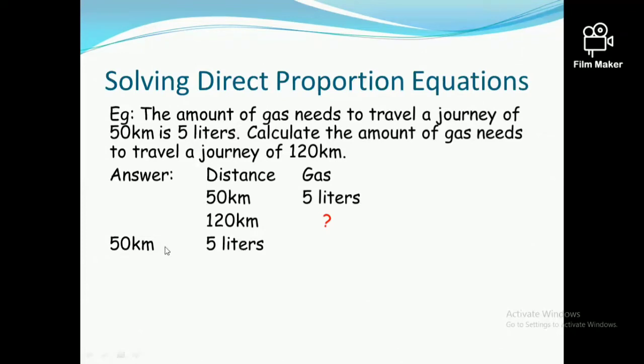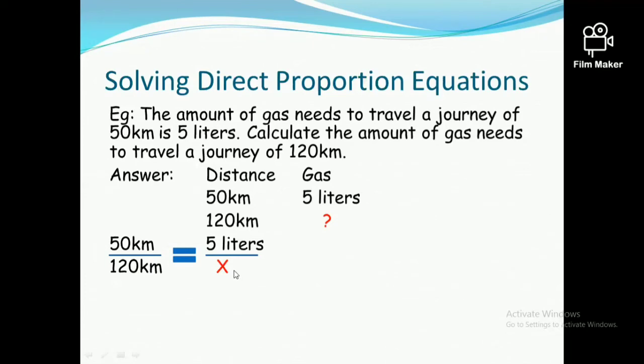Write the relationship like that. Then write below that: for 120 kilometers, we don't know the amount. Then replace it with x or any other algebraic variable you like. Then put a division between these two and put an equal sign. This is the way of doing a question related to a direct proportion equation.